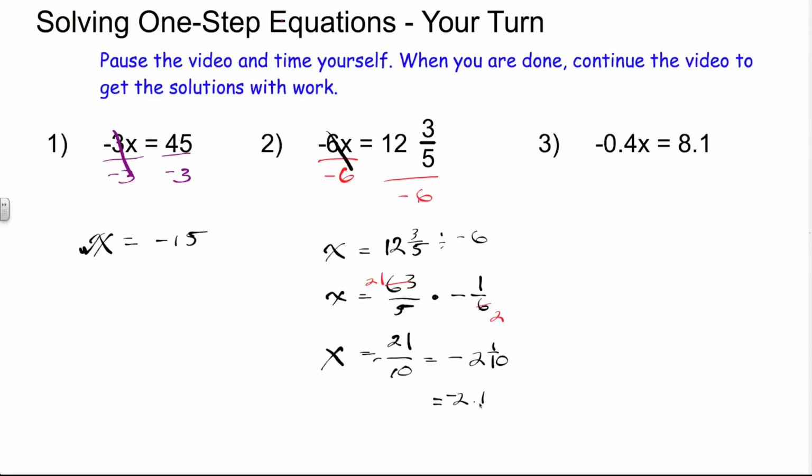In problem number 3, we have negative 4/10 x is equal to 8 1/10. To solve this problem, since we are multiplying negative 0.4 by x, we're going to divide each side by negative 0.4.